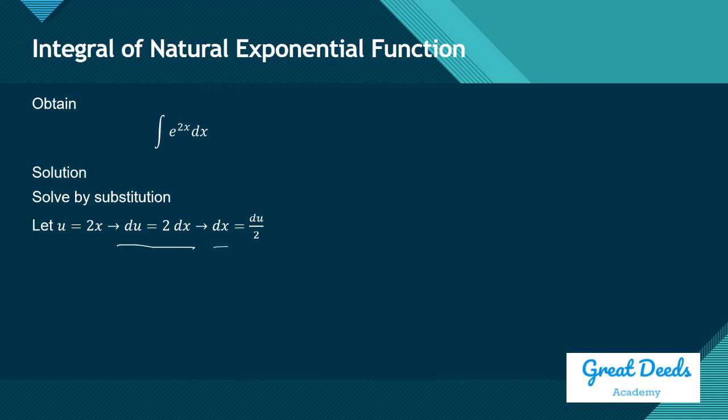So we are using substitution. We cannot go straight into getting the antiderivative of an exponential function. So we are first using the substitution method. And this is what's going to happen next. We can now write the integral of e to the 2x dx as, this one is e to the u.